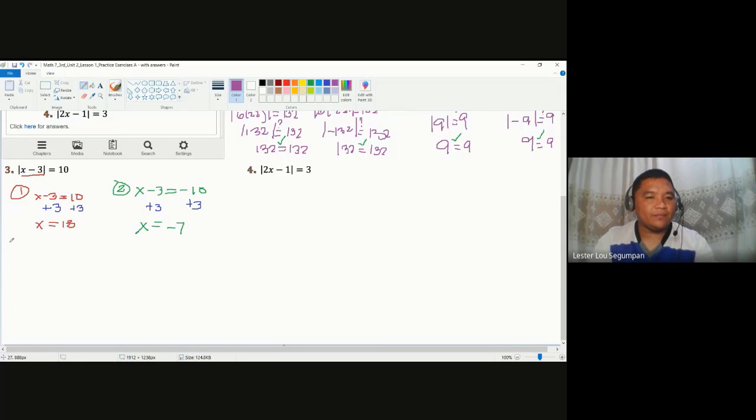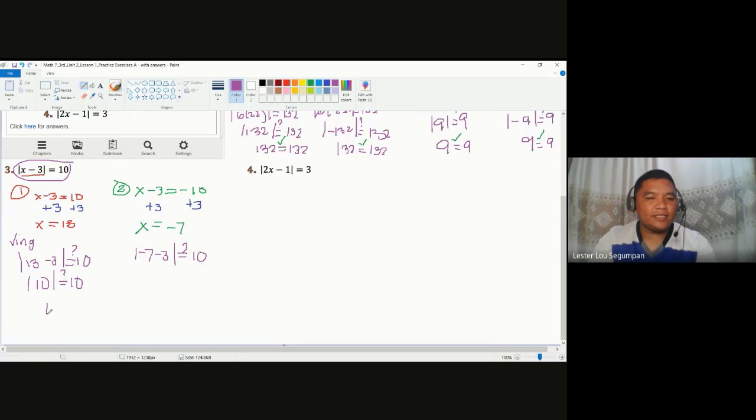Checking. Using the original equation, x is 13, so 13 minus 3. Is it 10? The other side, negative 7 minus 3. Is it positive 10? 13 minus 3 is 10.